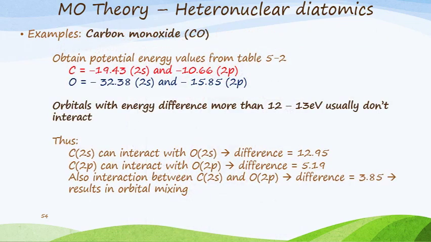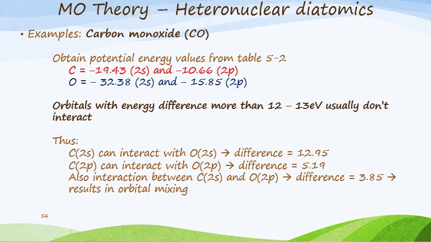Okay, the easiest thing for us to do would be to work an example. I'm going to go through it here, and then I'm going to do it again on a separate slide so that I can show you how to construct the orbitals, because the slides already give you pictures with pre-constructed orbitals, but I want you to see where exactly they come from. So in this case, for carbon and oxygen, we're going to obtain the energy values for the orbitals from table 5.2.